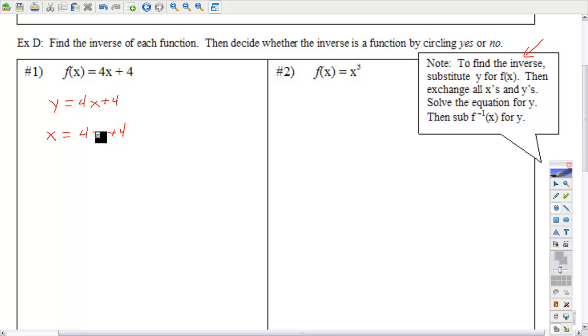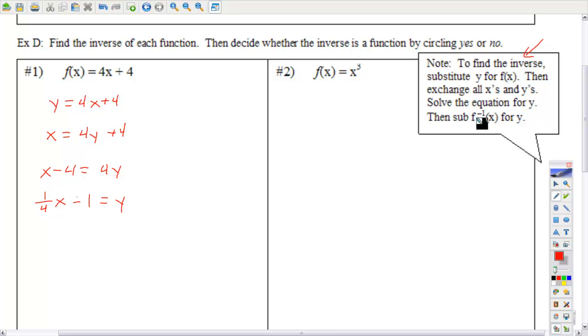This is not a great y. It looks kind of like an x. Let me make that clear. So I made x's, y's, and y's, x's. 3. Solve the equation for y. Solve means get y by itself. Let's divide both sides by 4. I'm going to write it like this. 1 times x divided by 4 is 1/4 x. 4 divided by 4 is 1.